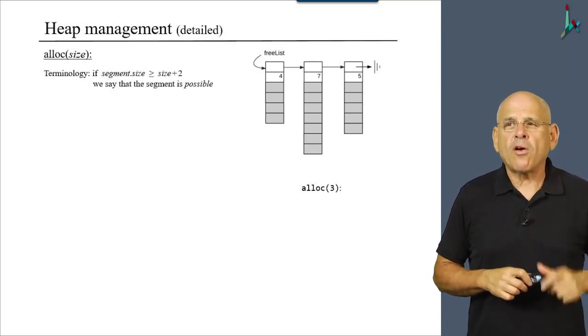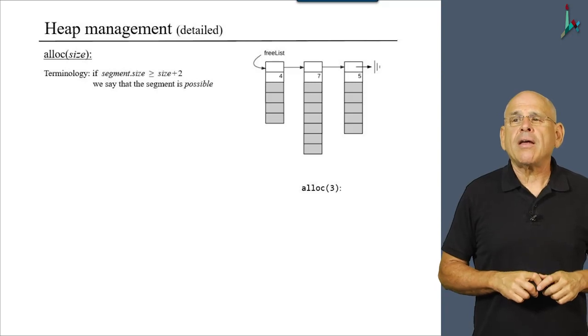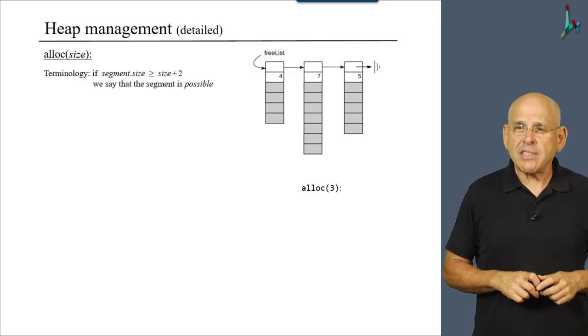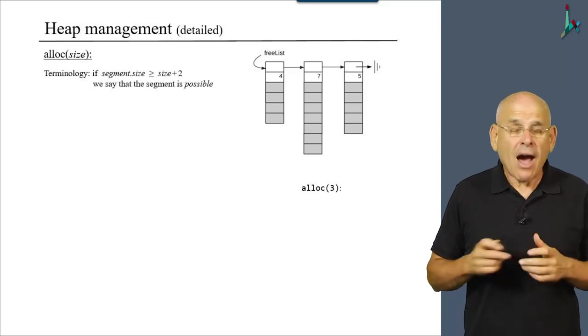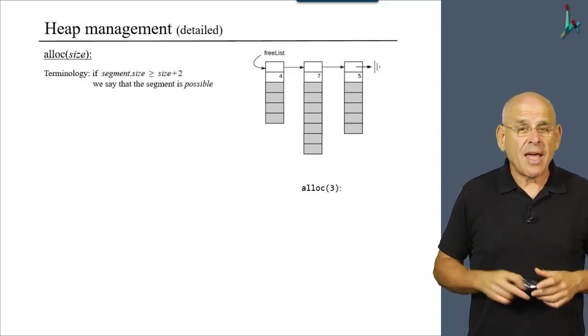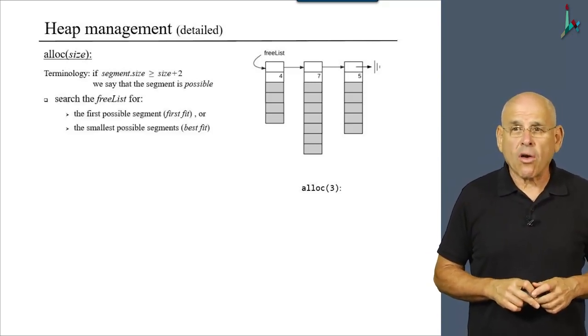The 2, of course, are for the overhead fields, which are absolutely necessary. However, the last two segments are possible, so we can use them to service this call.